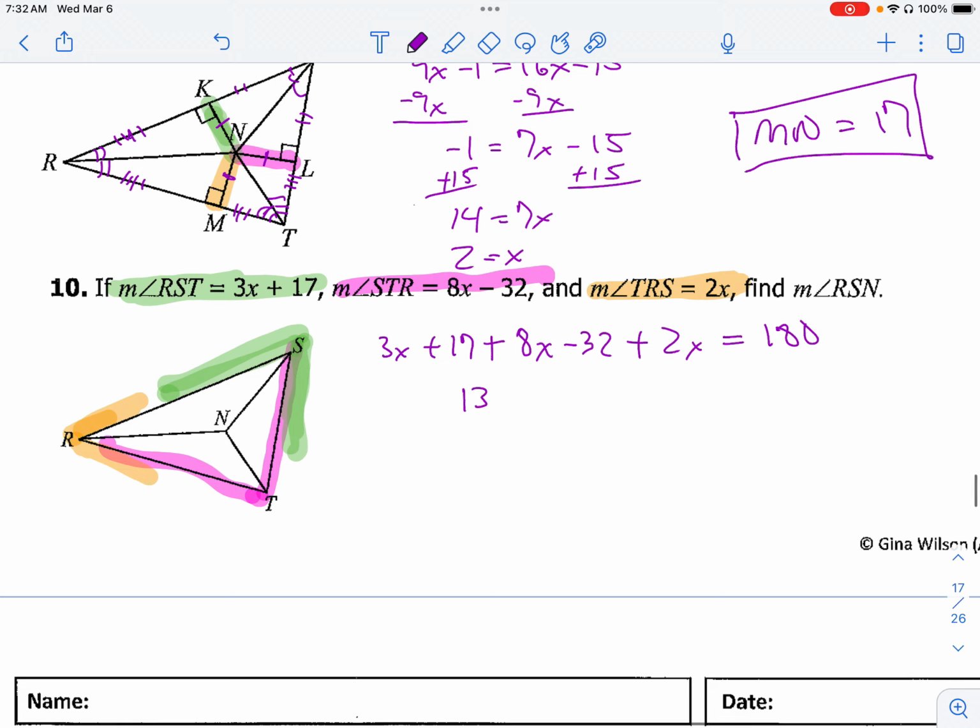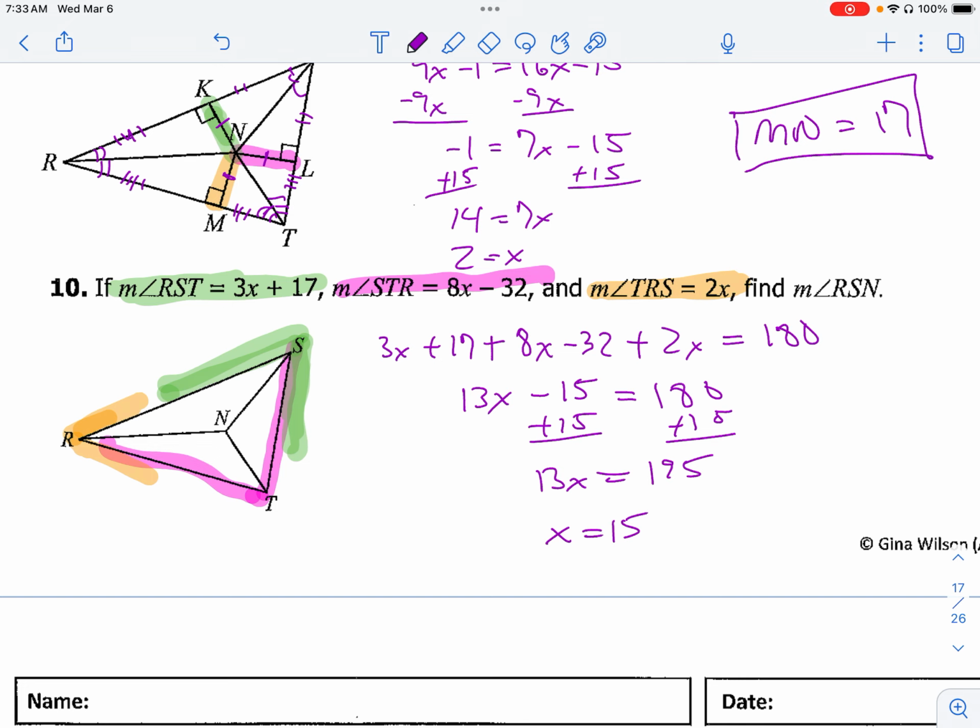So we get 13x minus 15, because 2x plus 8x is 10x plus 3x is 13x. And 17 minus 32 is a negative 15. It's 180. We get the x by itself. 13x equals 195. So x equals 15.